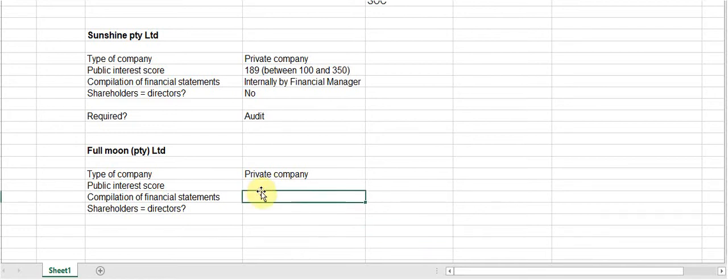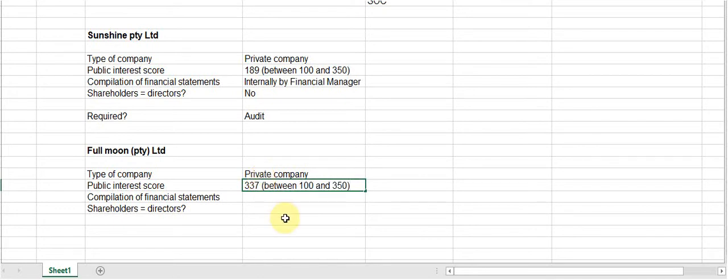Right, so next step, what is the public interest score? It is 337 points, and that is between 100 and 350.